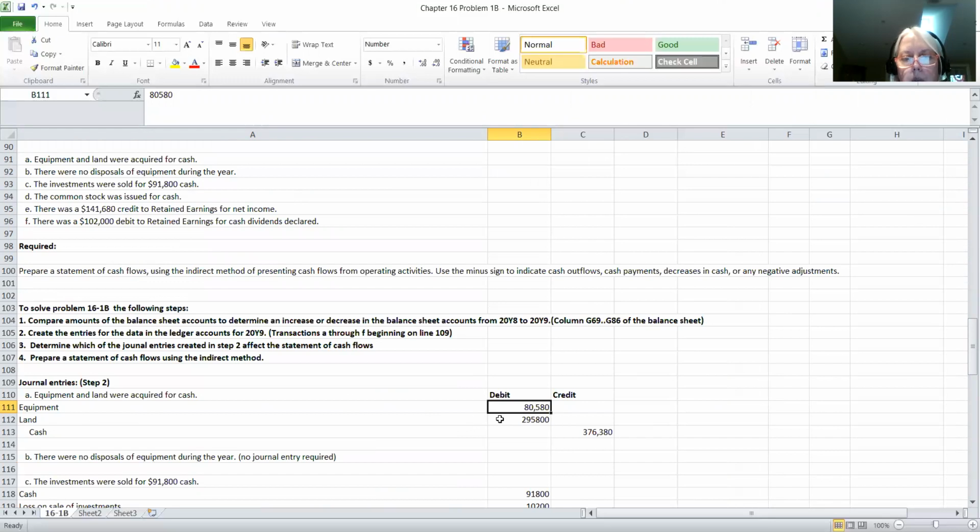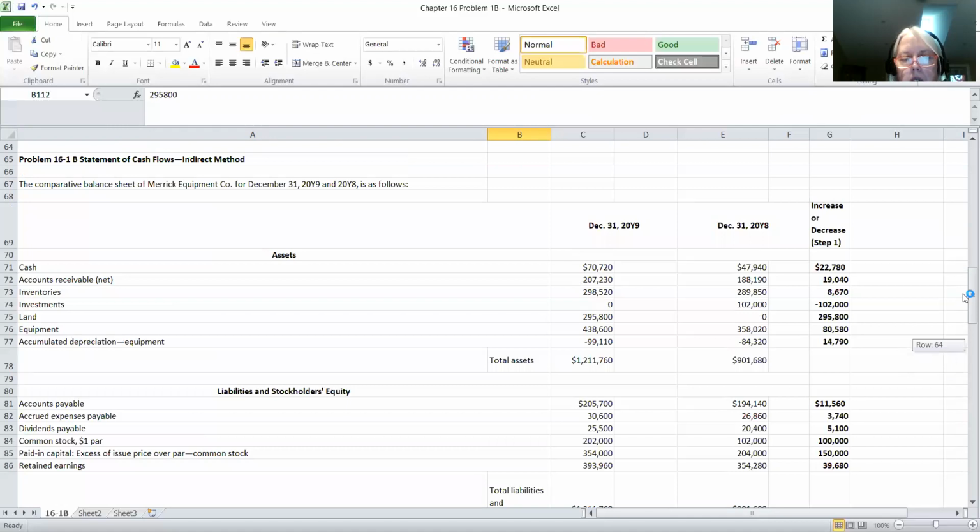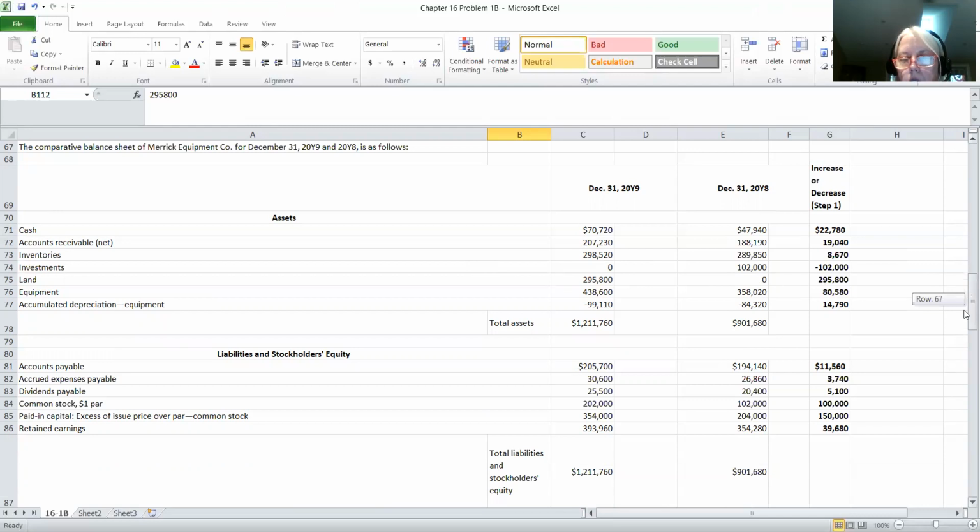We also bought some land. If you look at your balance sheet on your land account, we didn't have any in 2008. So we purchased all of this land. The amount that we purchased was $295,800.